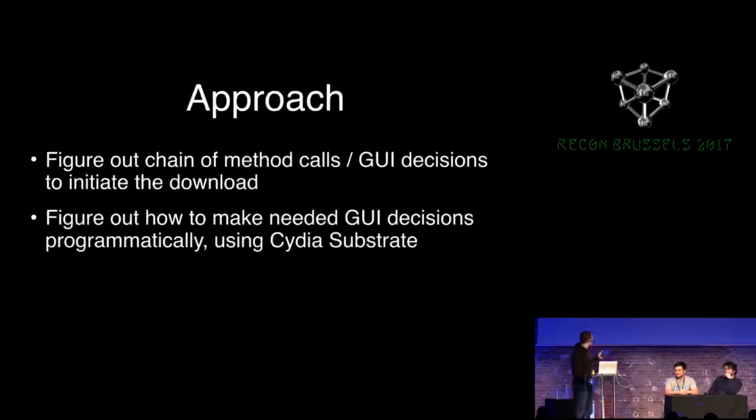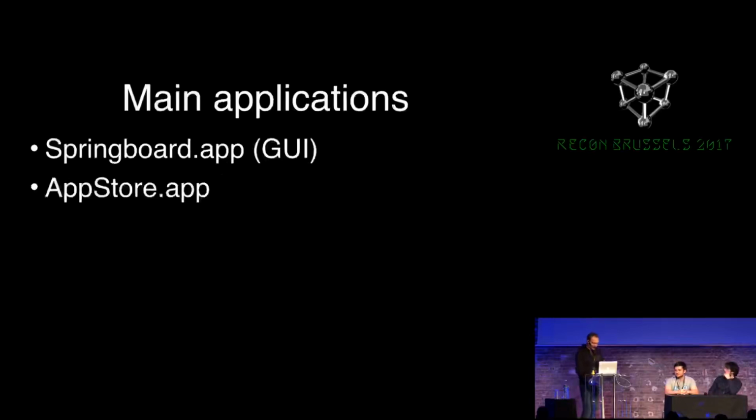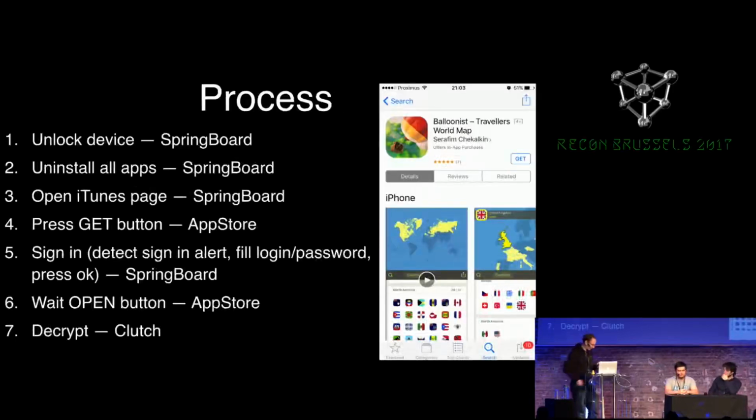So we figured out this stuff and came to this chain of method calls. First of all, our tool unlocks the device. Then it uninstalls all apps to make space, and then opens an iTunes page like this one with the target application. Then at this page we need to press this Get button.